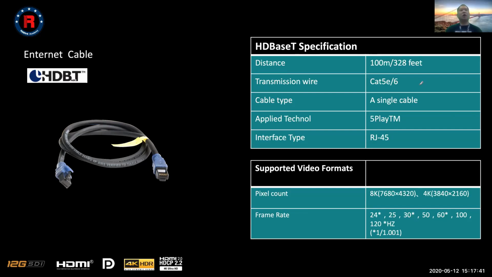HDBaseT 1.0 requires Cat5e plus. HDBaseT 2.0 requires Cat6, and HDBaseT 3.0 will require Cat6 or higher, Cat7.